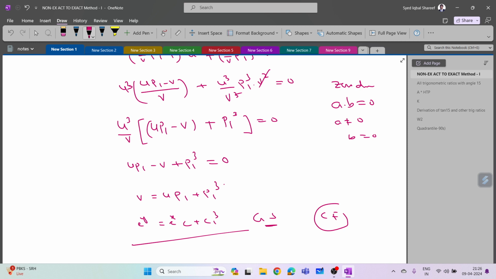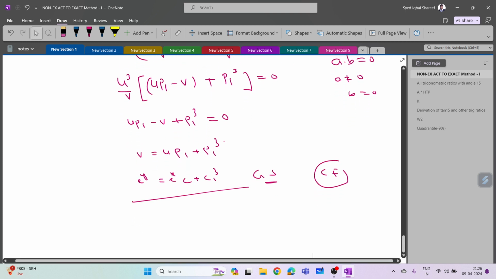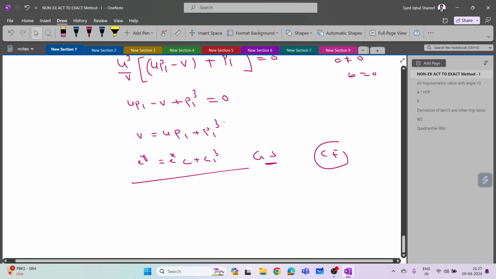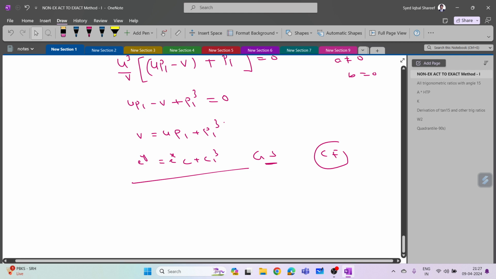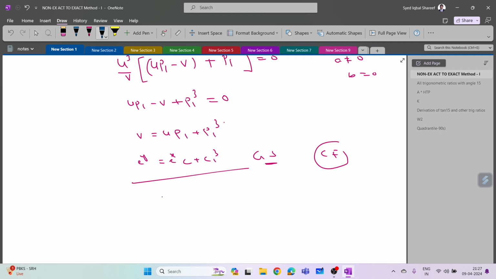One more thing. The last two problems are with the transformation. Before that, the problems we have done were the simple problems. Let me repeat. The Clairaut's form is y equal to x y dash plus f of y dash.